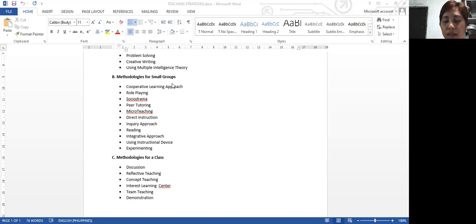So it's more effective if the groups are composed of a small number of students, for the teacher to be able to focus on that skill, for the learners to really catch up on the skill to be learned.